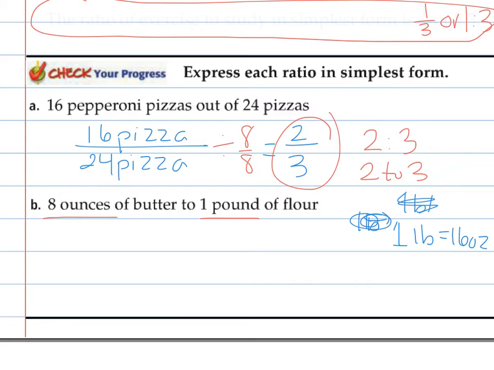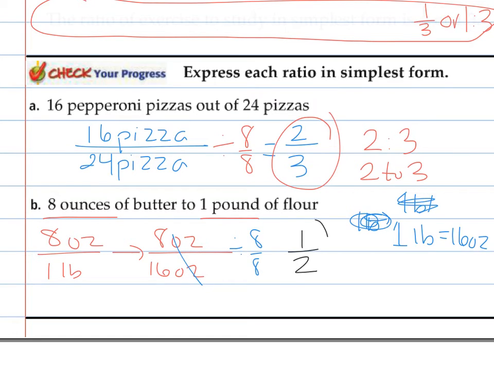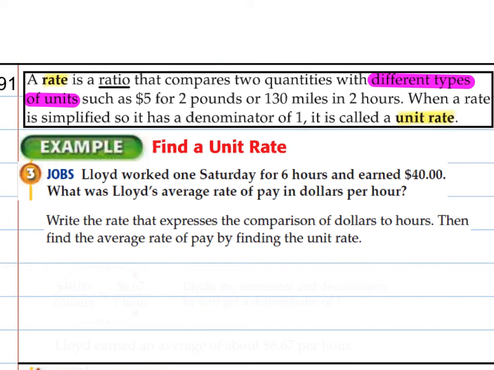So I'm actually going to do 8 ounces over 1 pound, which is the same as 8 ounces over 16 ounces. So ounces goes away, and these share a factor of 8. So this simplifies to 1 to 2, which is the ratio of butter to flour.